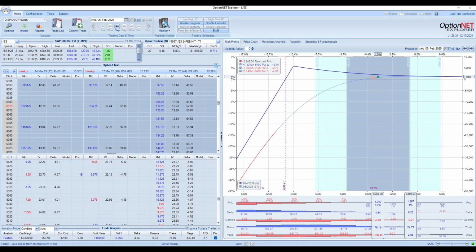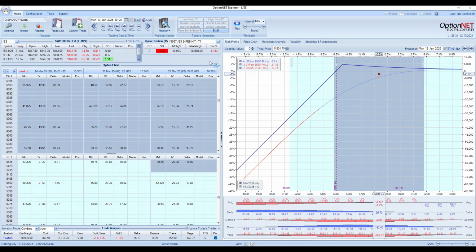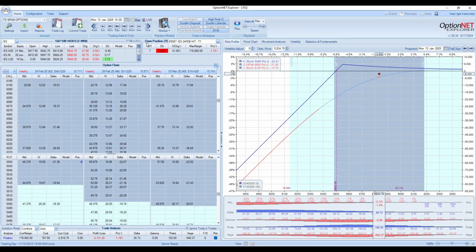We're going to go back to January 13th. This was about 10 o'clock or so a.m., right? So we can see that from the time where I put this trade on, 7 days has gone by.